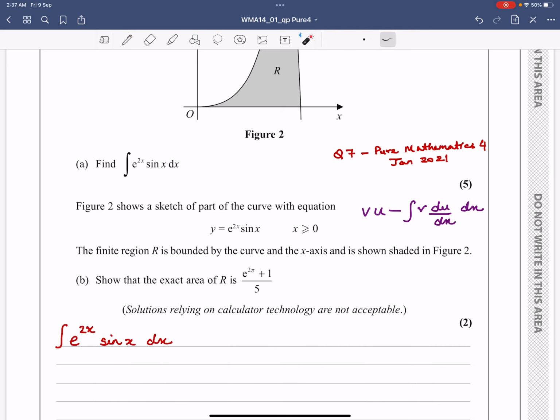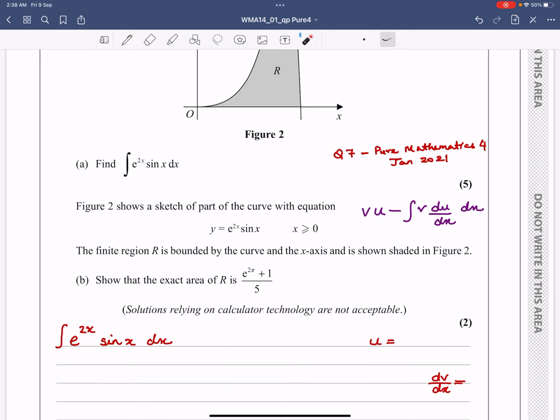Now I have two components in my question. One is e to the power of 2x and the other is sine x. I have to name one of them as u and the other one as dv/dx. Now which one will I choose to be u and which one will I choose to be dv/dx?